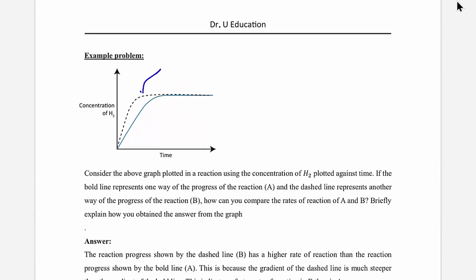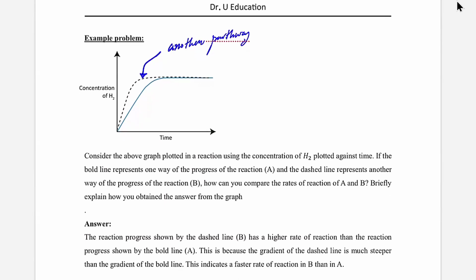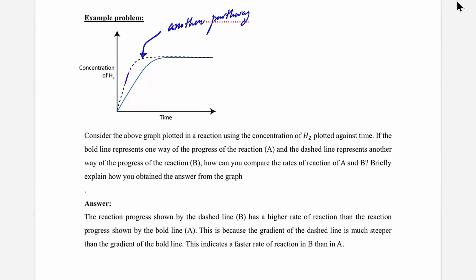This is another pathway. You can see the gradient here is more than before. So that means the rate is high here.